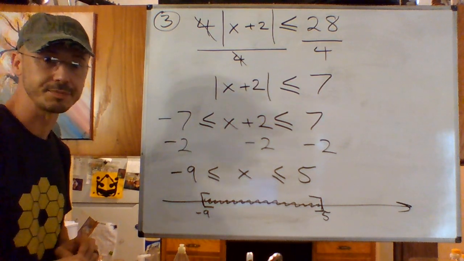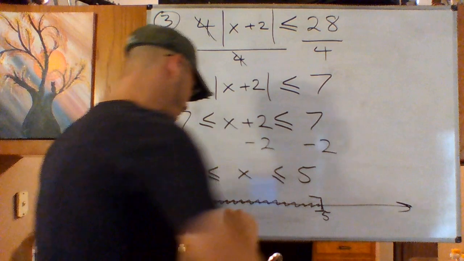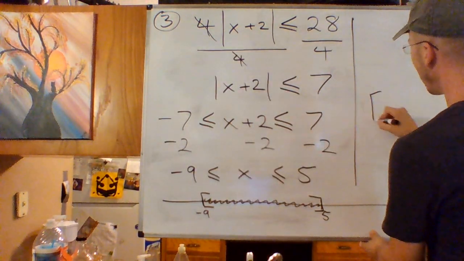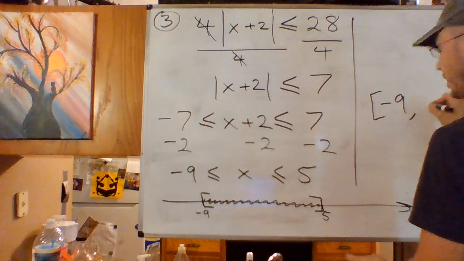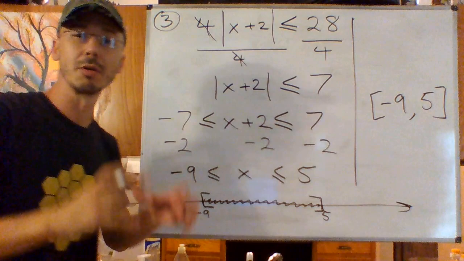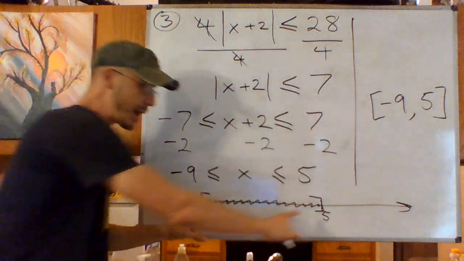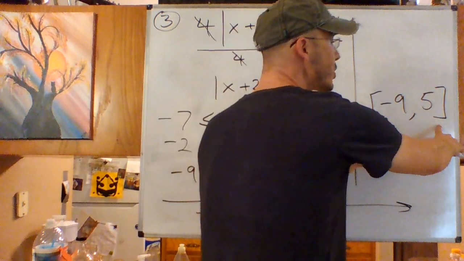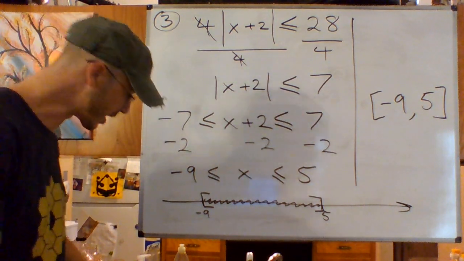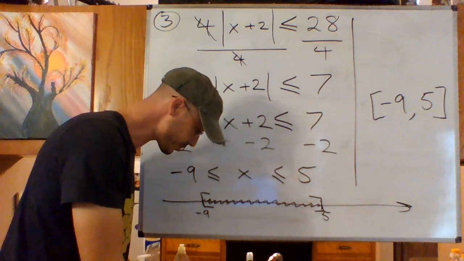And then finally, I'm going to write the interval notation over here. Negative 9, 5 is the interval notation, both with brackets. The brackets in the graph and the brackets in the interval notation are the same, and they mean the same thing.